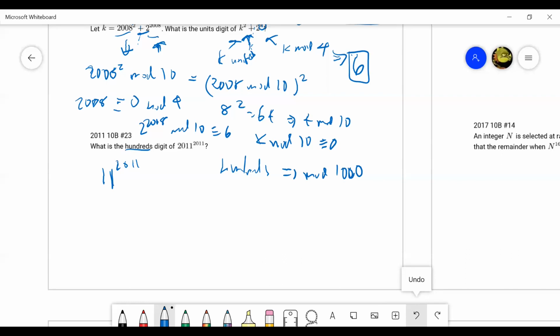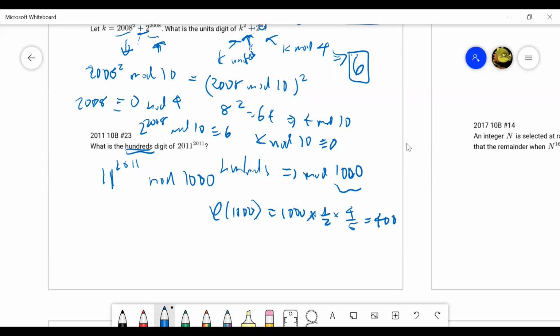The next, we can actually use this cool thing called Euler's Totient Theorem. Since we are finding the hundredths digit, that means we want to take this total thing mod 1000. And the totient of 1000 is equal to 1000 times 1/2 times 4/5, which is equal to 400.